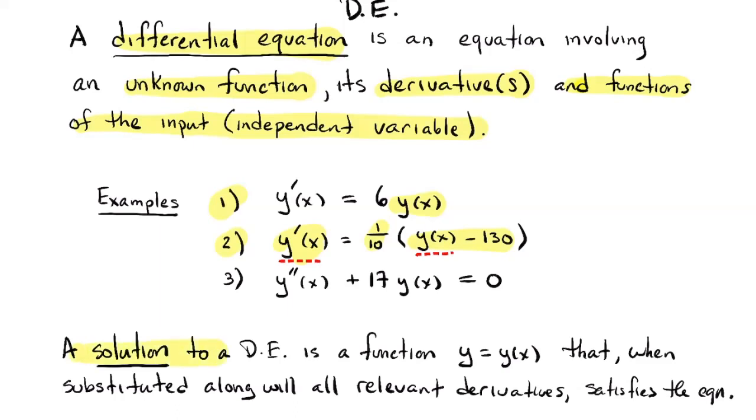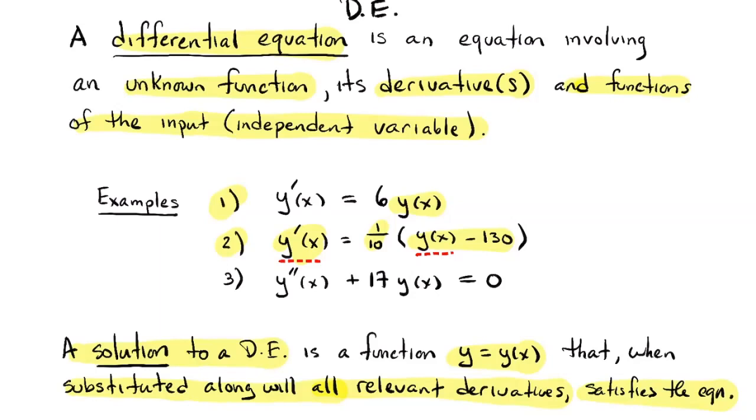A solution to a differential equation is some function of the input variable that when you plug it in, along with all of the relevant derivatives, which in these equations are first or second order, has to satisfy the equation. And by that, I mean for all x. So I have to get an equation after substituting that would be true regardless of the input variable. Okay, so that's what I mean by a solution.